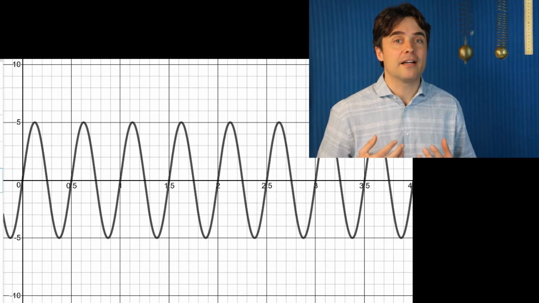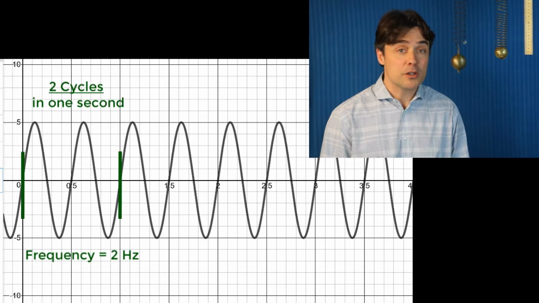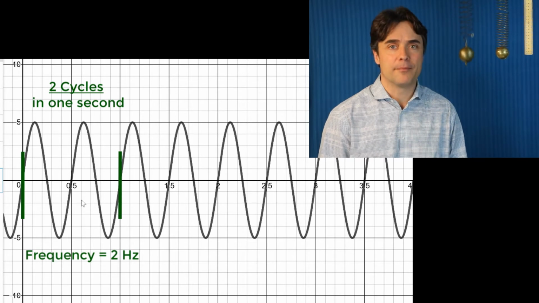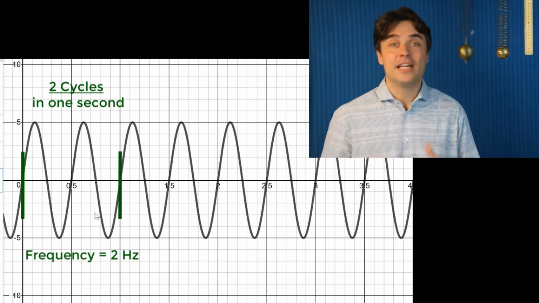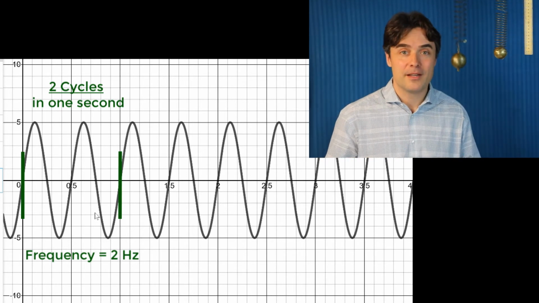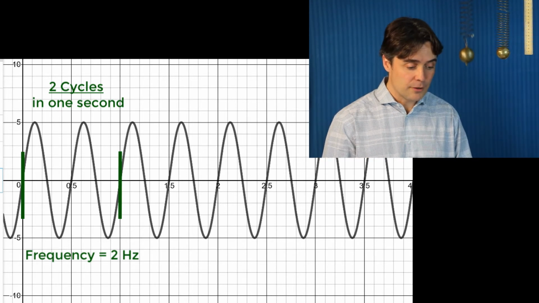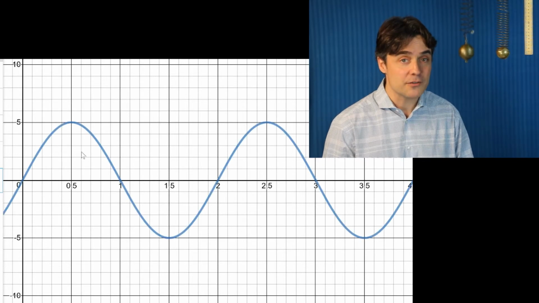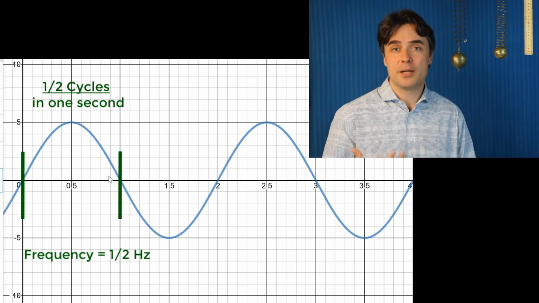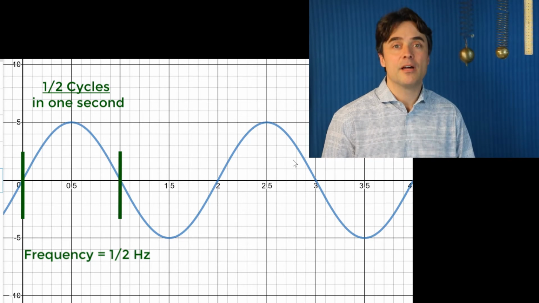Even just looking at it, we can see that there are more cycles than what we saw before. More cycles in the same amount of time equals a higher frequency. If we had a lower frequency oscillation, we would stretch out this wave and see a lower number of cycles in the same amount of time.